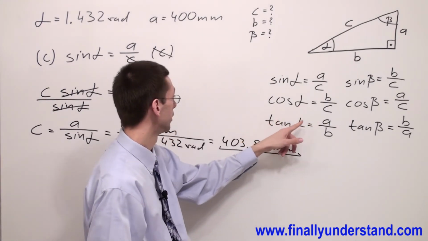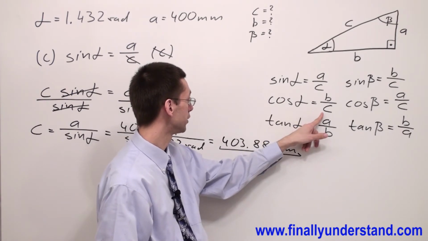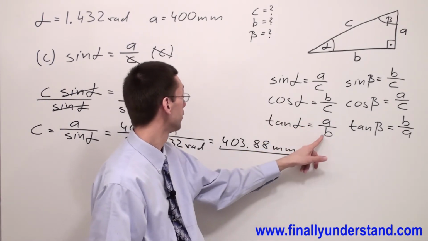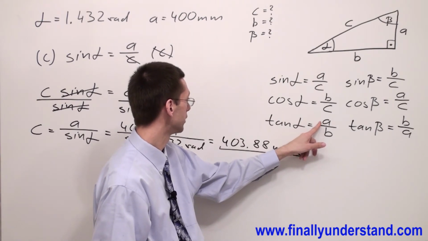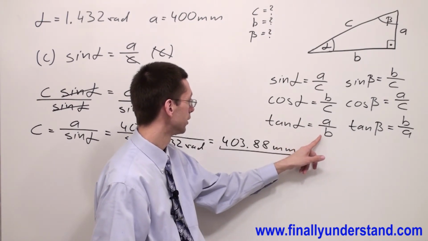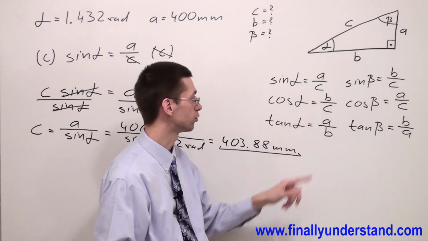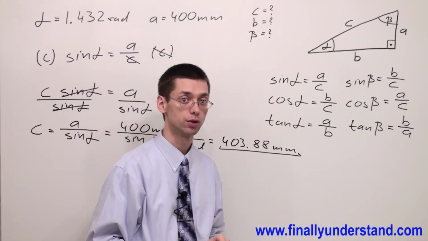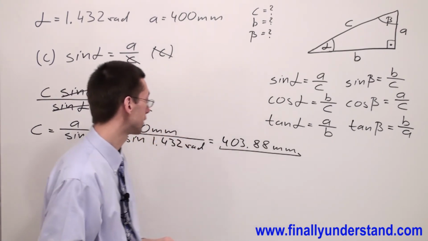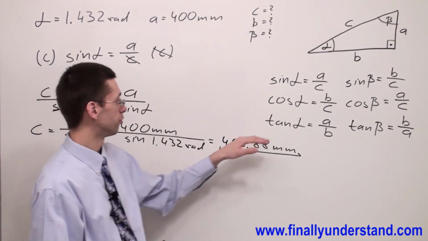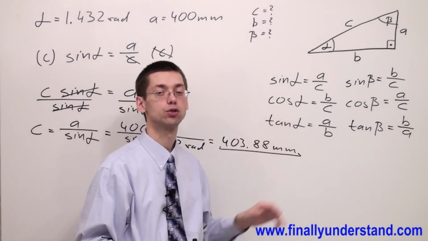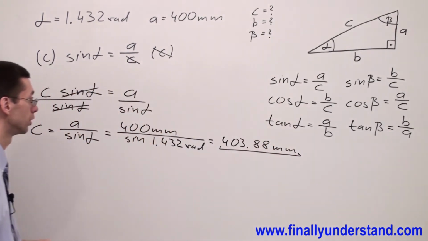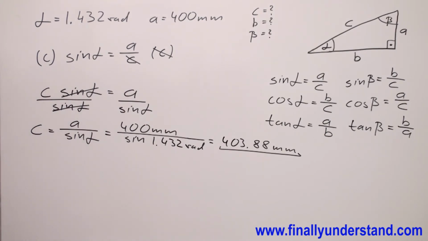We have found side C and we have given side A, so I can find side B from these two formulas, or I can also use the Pythagorean theorem. This time I'm going to use formula for tangent, just to practice, okay? You can use either one. You can use cosine, you can use tangent, or you can use Pythagorean, but I want you to practice different options. That's why I'm going to use formula for tangent this time.